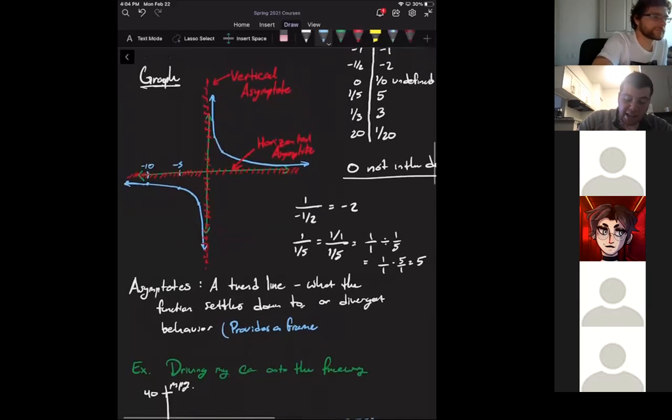The vertical and horizontal asymptotes split up the graph into 4 regions. In 2 of the regions, nothing is happening with our function, and in 2 of the other regions, very similar behavior is happening.